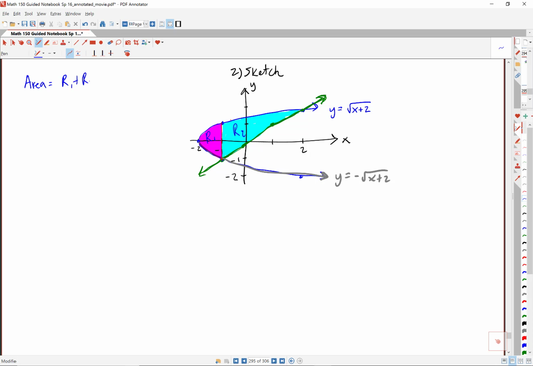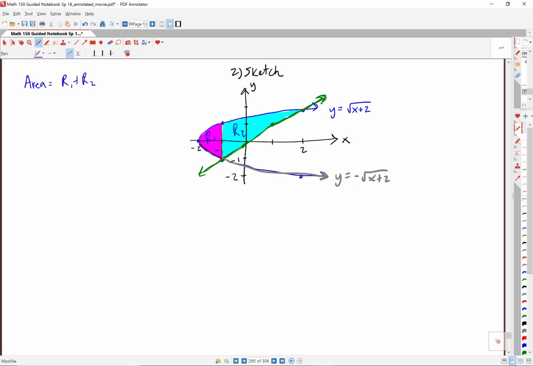So region 1, do you see it's symmetric, right? So let's take a look at this. We can either double that top part, or we can take a look at your rectangle, right?